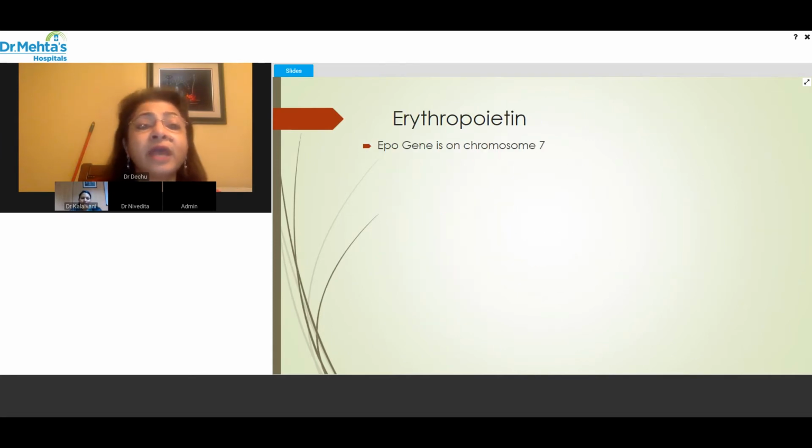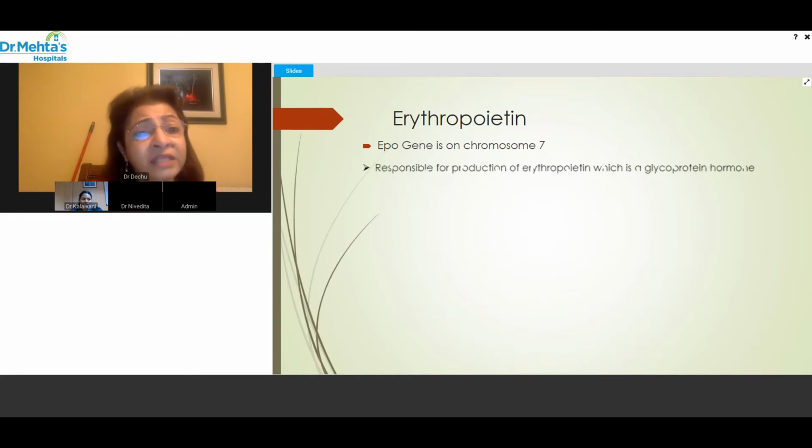A little bit about erythropoietin, because it's so close to our hearts, with the kidney being so involved in red blood cell production. The EPO gene is on chromosome 7 and is responsible for the production of erythropoietin, which is a glycoprotein hormone. In utero and the newborn period, the liver is the most prominent place for making erythropoietin, but in postnatal life, the kidney takes over.